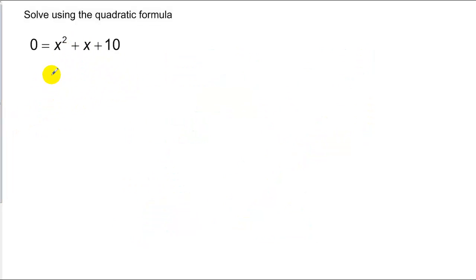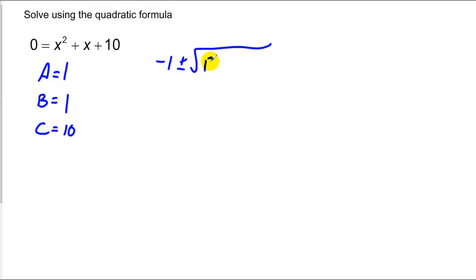Let's do it again. A in this case equals 1, B in this case equals 1, C in this case is 10. So now I have the opposite of B plus or minus the square root of 1 squared minus 4 times A, which is 1, times C, which is 10, over 2 times 1.